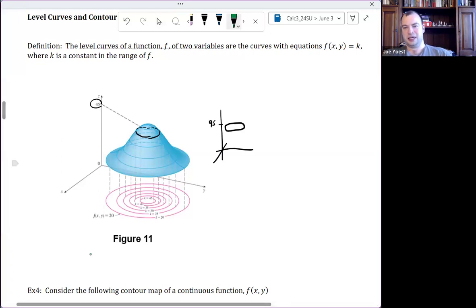Maybe what I can do is take each of these level curves for a selection of different levels, maybe 45, 40, 35, and so on. I can take each level curve, drop it down to the XY plane, or the domain, the two-dimensional plane that's the domain, and represent that curve in 2 dimensions.